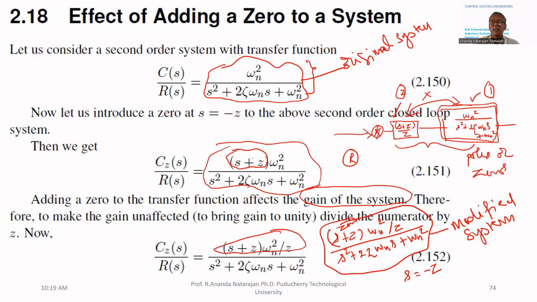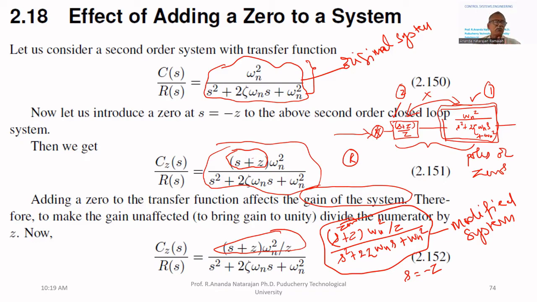Yesterday we have seen if roots of the denominator polynomial are on the right hand side, the system is unstable. Any of the poles, at least one pole. Suppose the system is third order. How many poles will be there? 3 poles, because the denominator polynomial will be third degree. If at least one pole is on the right hand side, it means unstable.